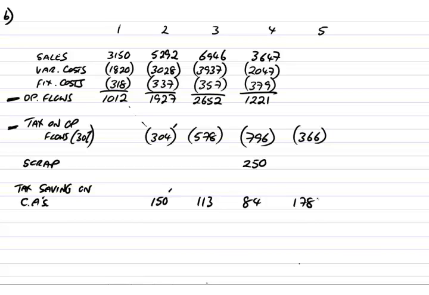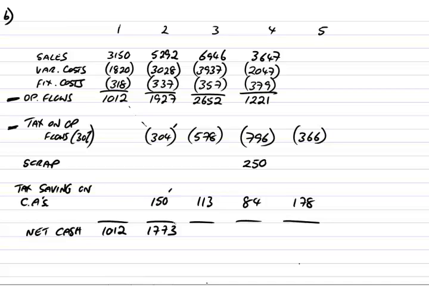So I think we've now got everything. Yes, we have. So the net cash flows: 1012 in the second year is 1773.